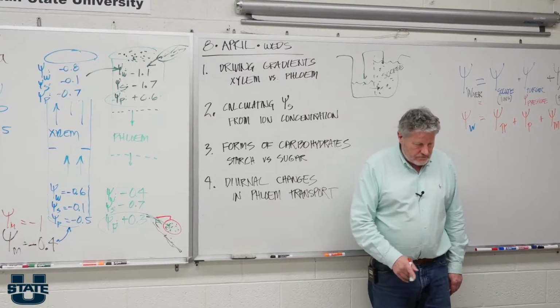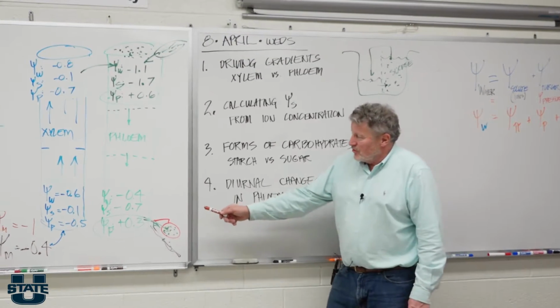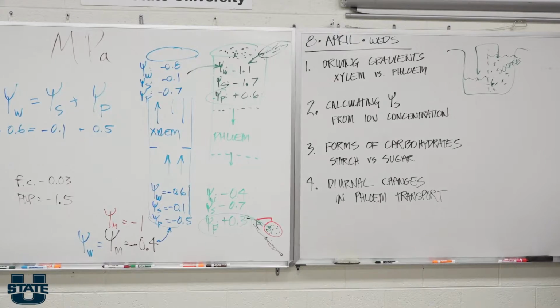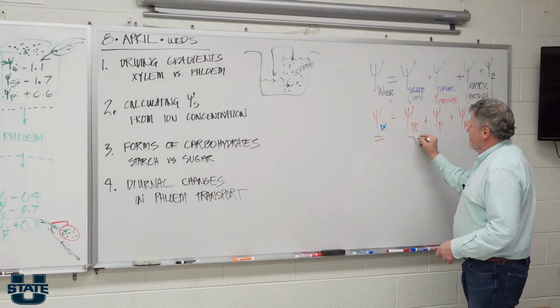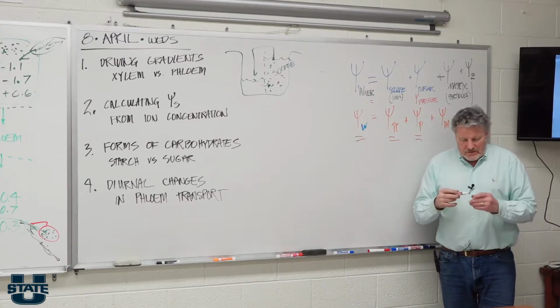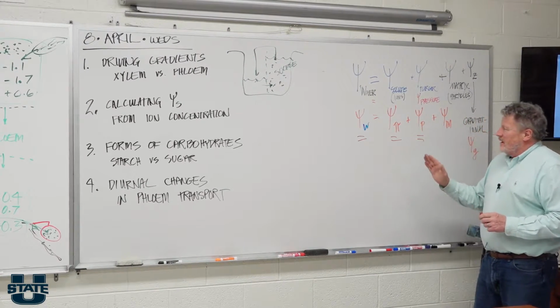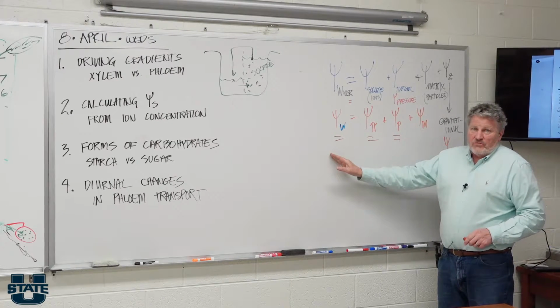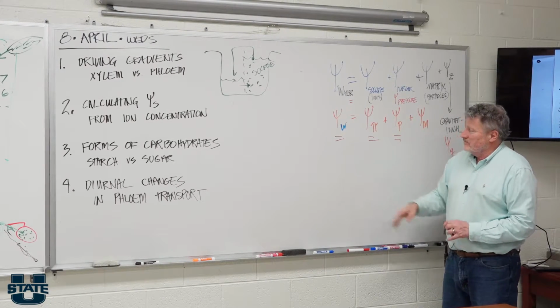So, you can see how you've got to have a good understanding of this and this and this to understand water movement in the plant. This causes water movement in the xylem.